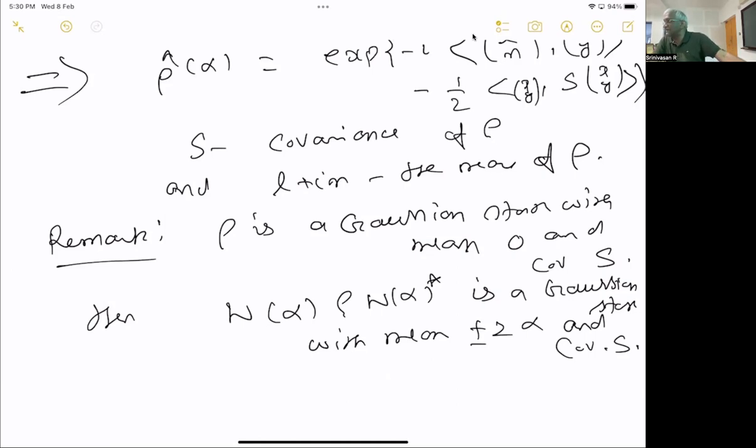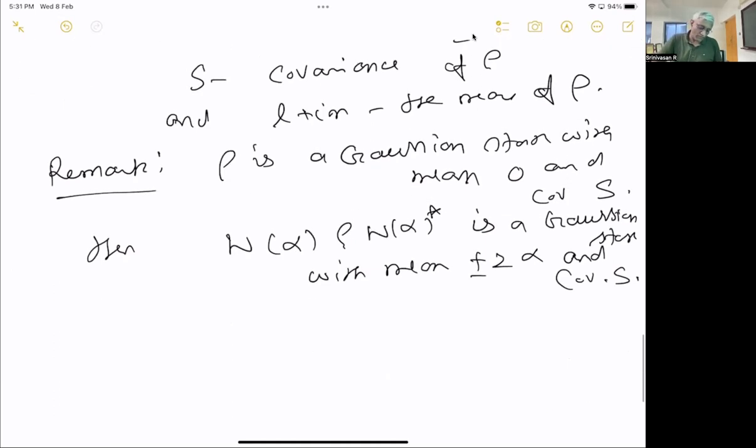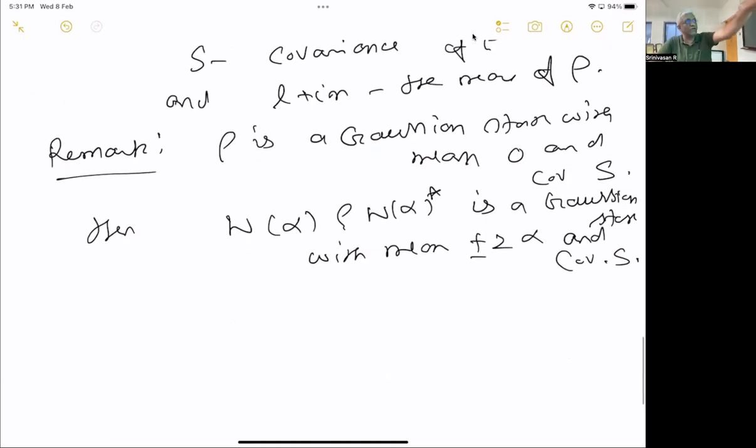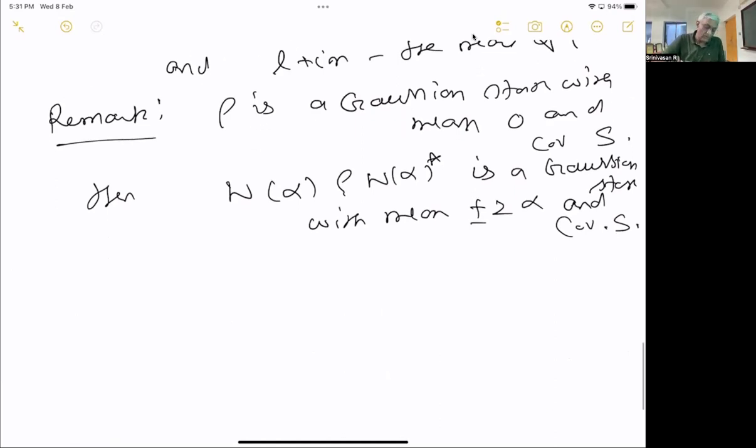That's not a problem. The only restriction is the uncertainty principle, which is a restriction on the variance, on the covariance. That's what we should see. So we are only worried about Gaussian states with mean 0. That's what we will worry about now.